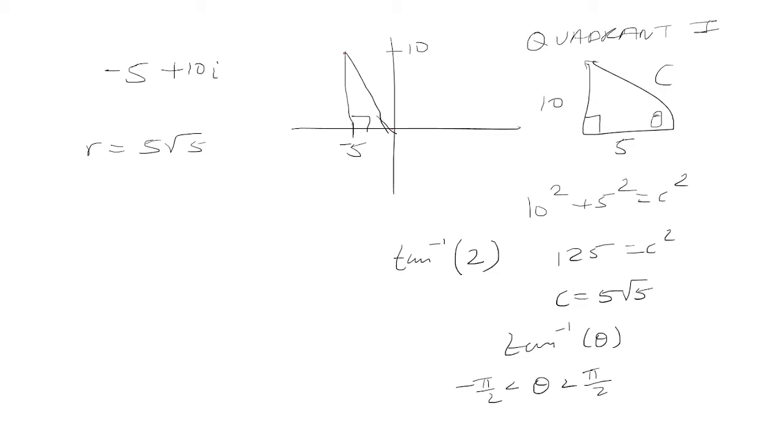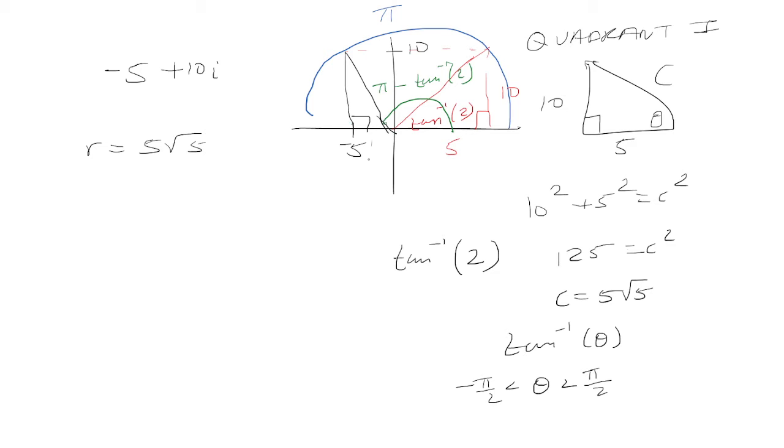So basically, it'd be something like this. But we want it to be in the second quadrant. So if this thing is inverse tangent of 2, this whole thing is pi. So that means this portion right here is pi minus inverse tangent of 2.